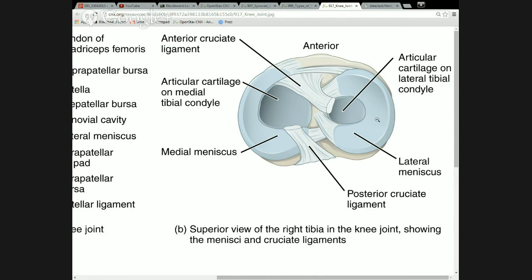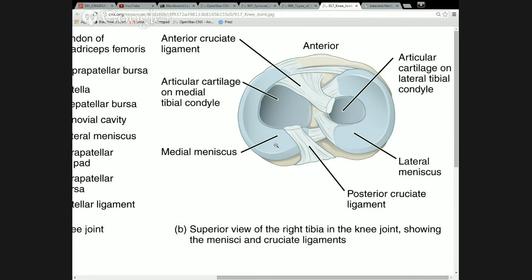Now, the fact that it's fibrocartilage is very important because what fibrocartilage is for is bearing body weight. So all of your body weight is bearing down on your knees, especially when you're standing. And so that fibrocartilage is there to absorb the stress of your body weight bearing down on your knees. There are a lot of people that have problems with their menisci, I guess is the plural of that.